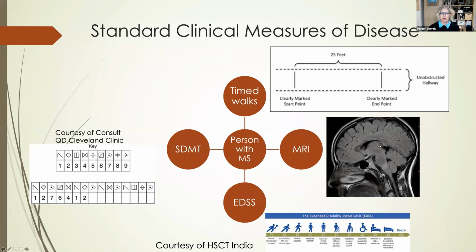Then we have MRI, where we monitor for new inflammation and new activity over time. We look at the timed walk, which can give us some ideas as to whether someone has progressed or not, is how fast they're able to walk 25 feet. And then we do a cognitive screening on the SDMT, which is a quick 90-second test, and then gives us an idea over time as to whether they have changed or not.